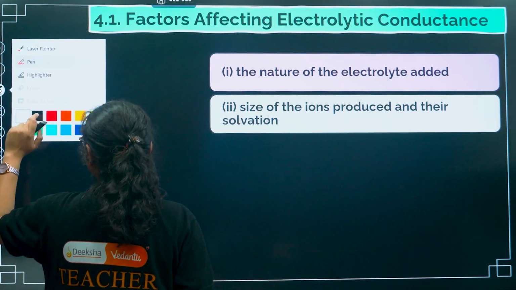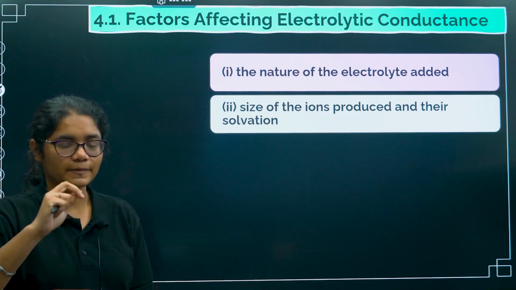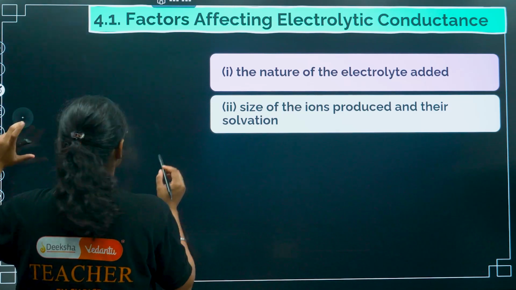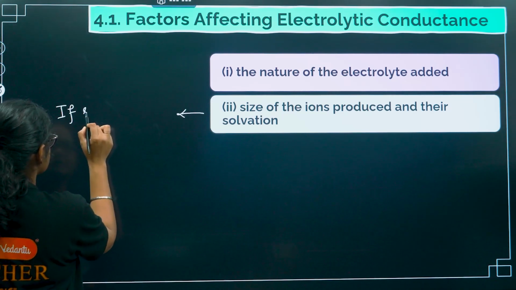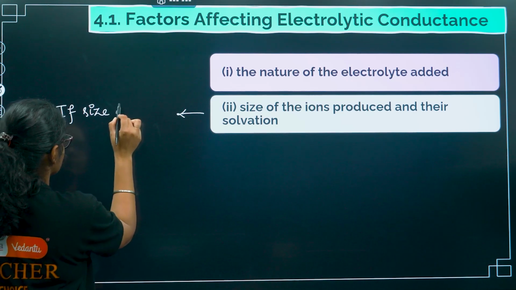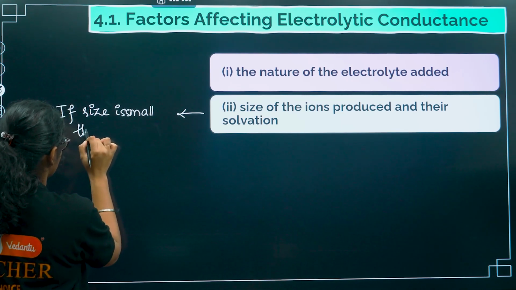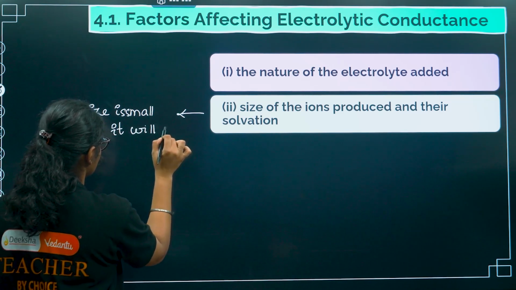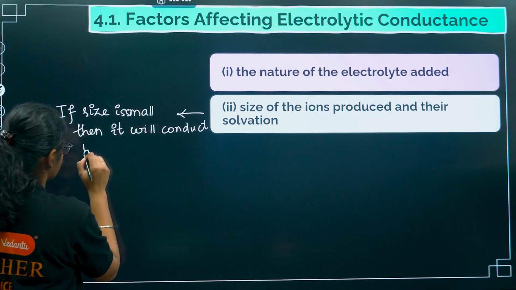Remember, if the ion's size is small, then it will conduct better.